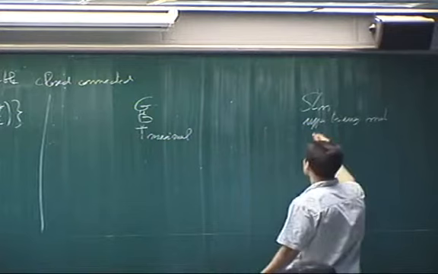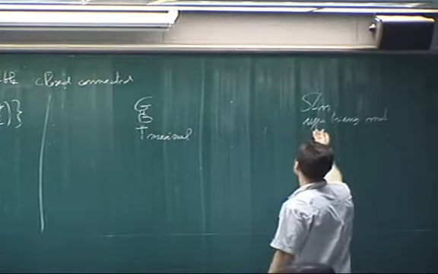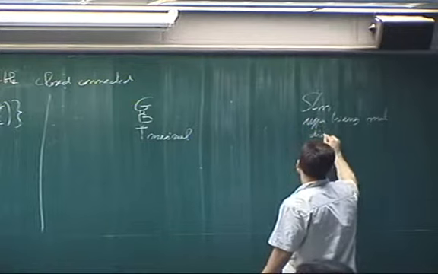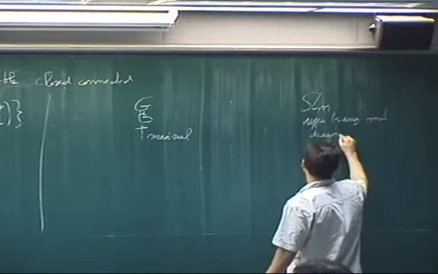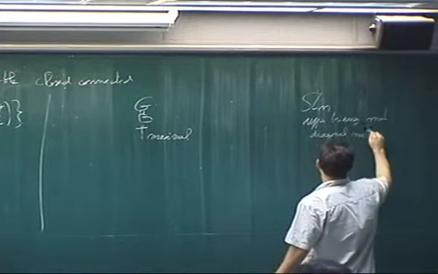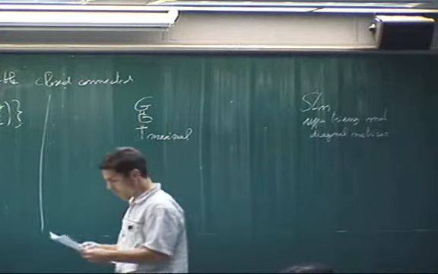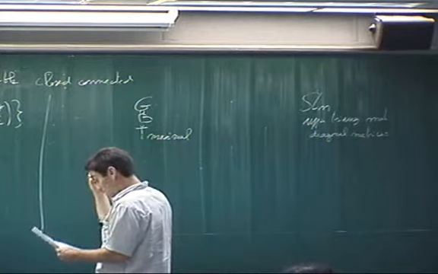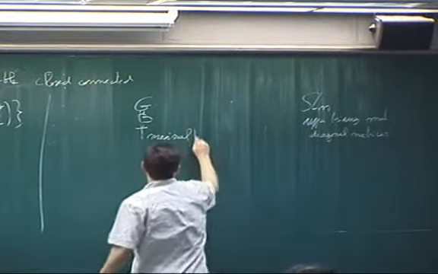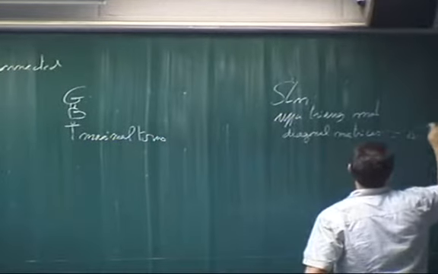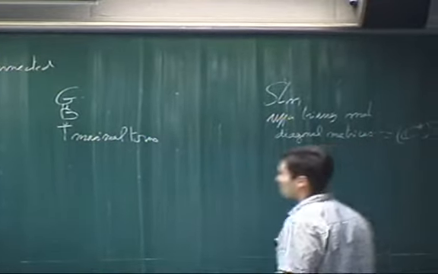In the case of SLN, a maximal torus of B is the diagonal matrices, for example. It's isomorphic to C star to the power n-1.